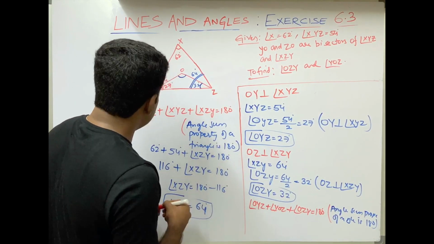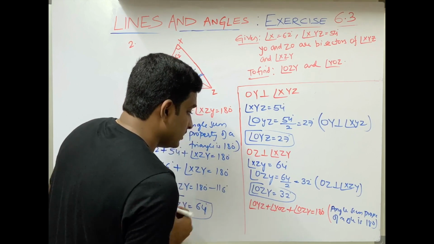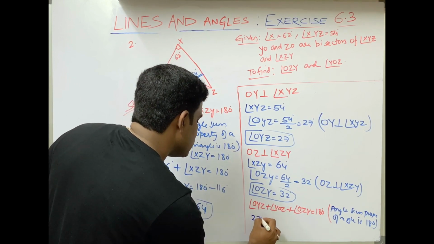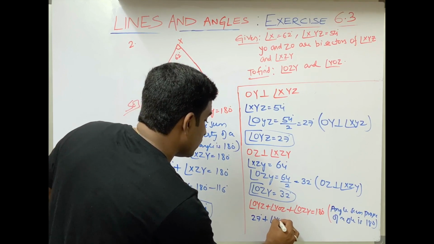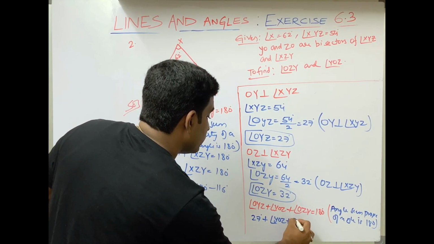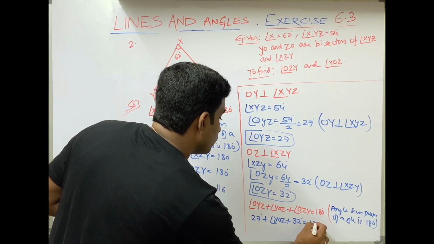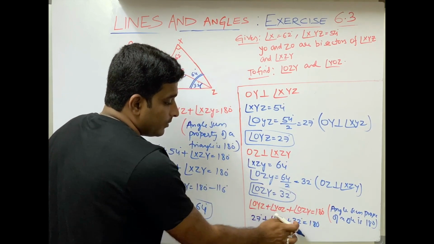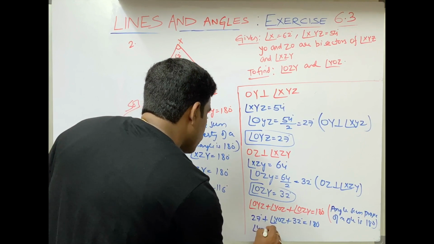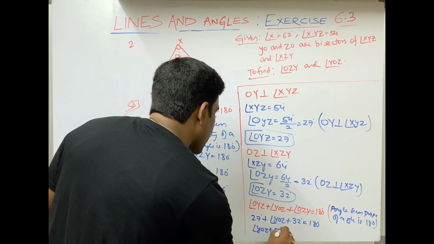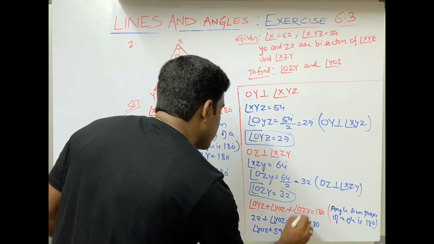Angle OYZ we know as 27 degrees. 27 degrees plus angle YOZ we have to find out, plus angle OZY is 32 degrees equal to 180 degrees. 27 plus 32 will make 59. Angle YOZ plus 59 degrees equal to 180 degrees.